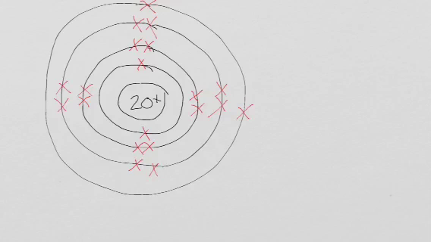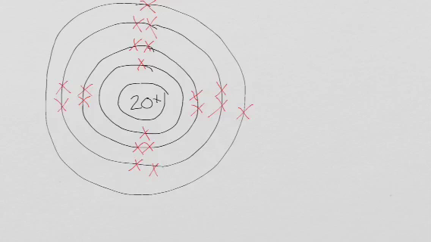How many electrons does it have in its outermost shell? 2. Whoa. Now, what period is calcium in? 4. How many actual orbits does it have? 4. Holy moly, your minds just got blown.